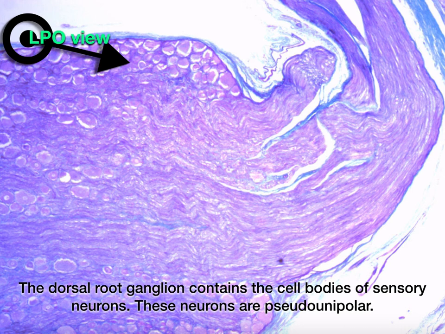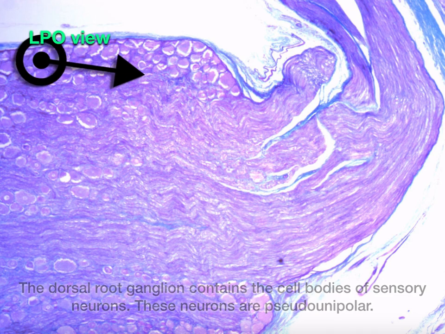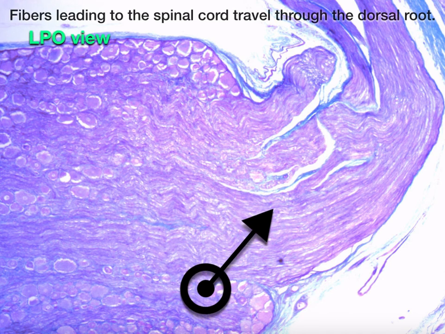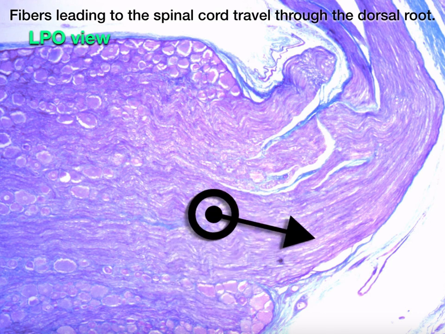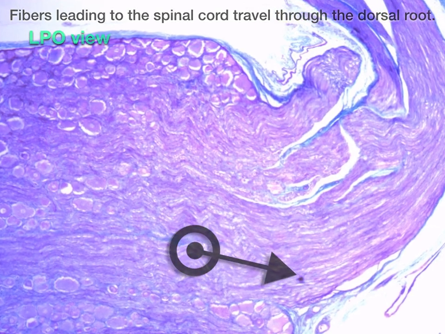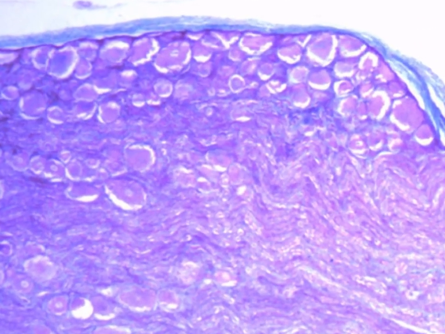These neurons are pseudo-unipolar. Fibers leading to the spinal cord travel through the dorsal root. Let us now view the ganglion cell at HPO.